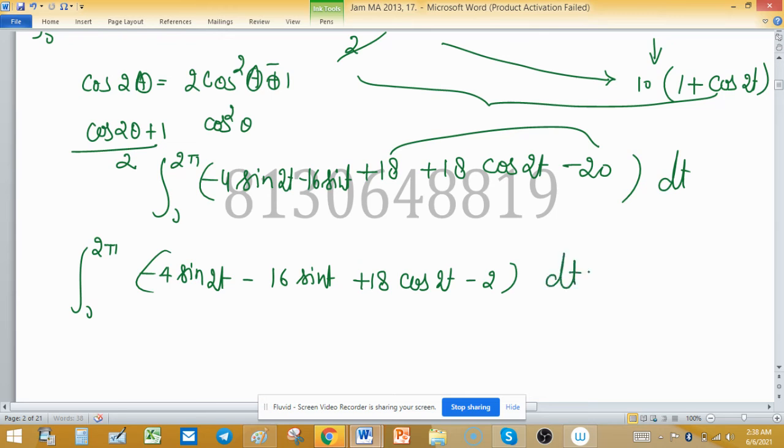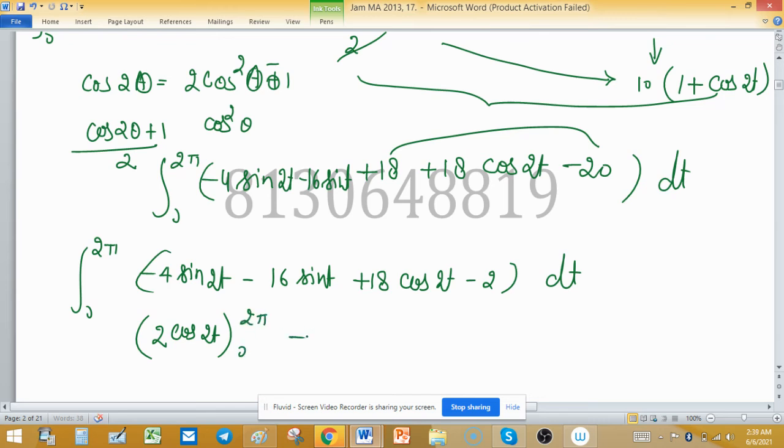Now directly apply the integration here. From the first term, cos 2t divided by 2, so we write 2 here, and take the limit from 0 to 2 pi.